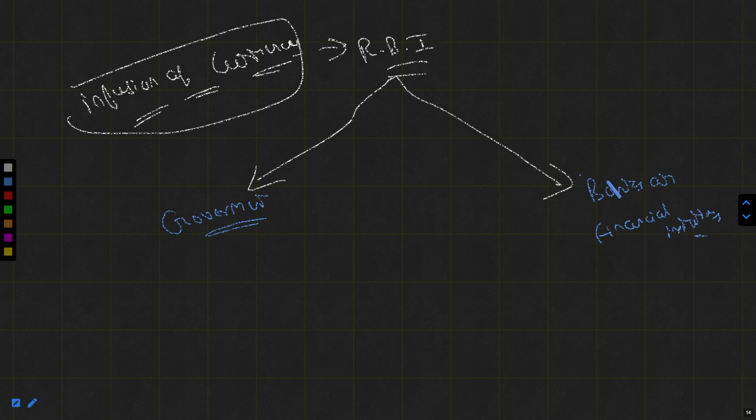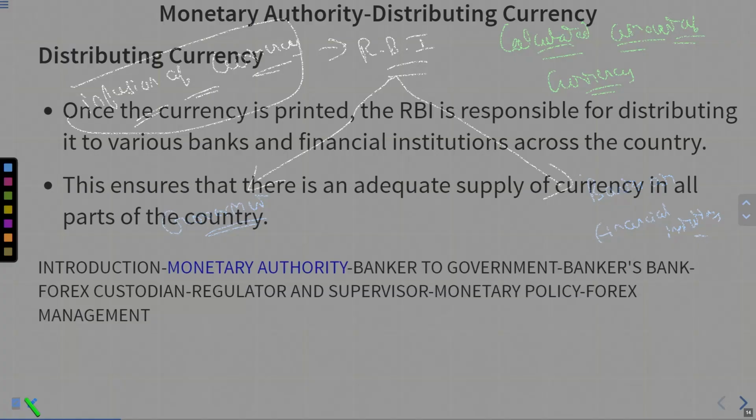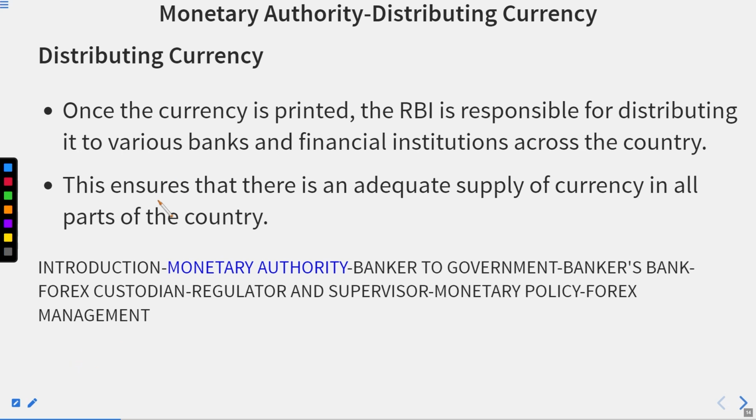Okay. So basically it's the responsibility of the RBI that after printing the calculated amount of currency as required, it must ensure that the adequate supply of currency in all parts of the country is maintained.